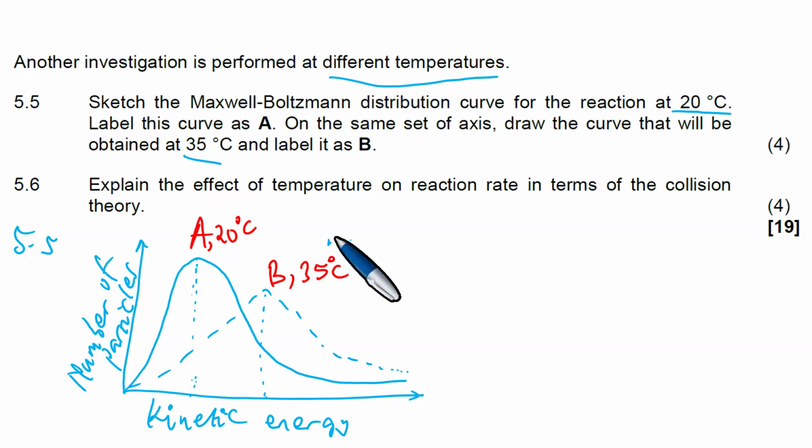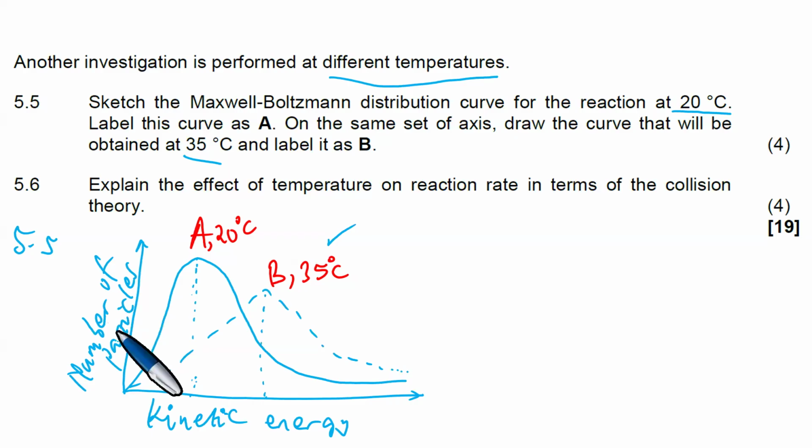Why? Because when the temperature is higher, the temperature is directly proportional to kinetic energy. An increase in temperature favors an increase in kinetic energy, and therefore this graph will widen.